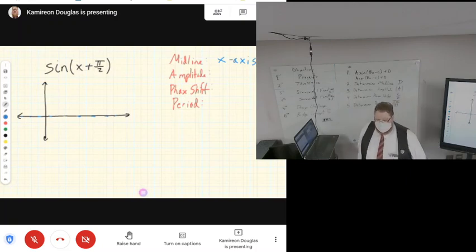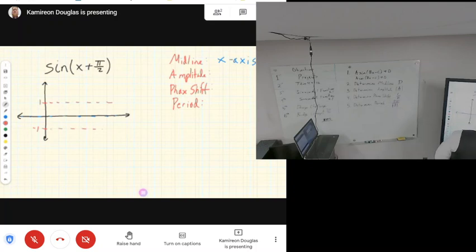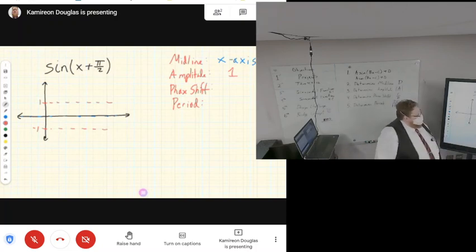My amplitude. What is my amplitude for this function? 1. So I can go up 1. I'm going to call this 1, and that negative 1. My amplitude is 1. So it is 1 up from the midline and 1 down from the midline.